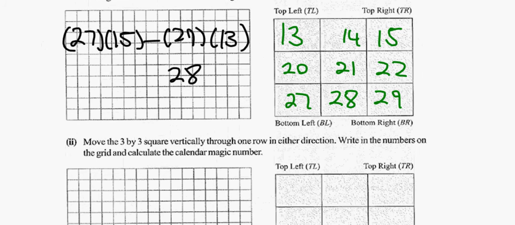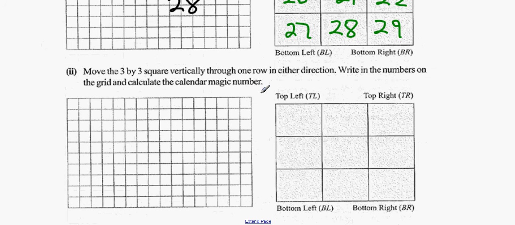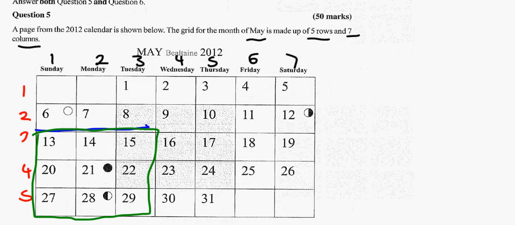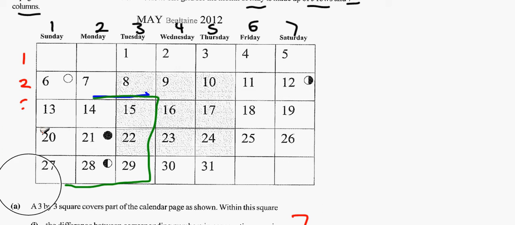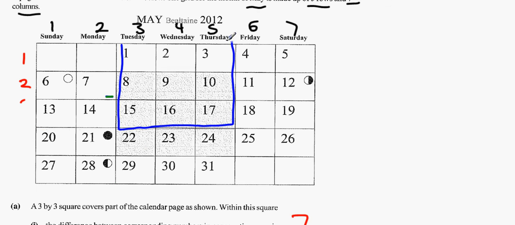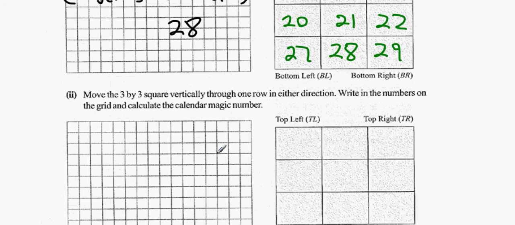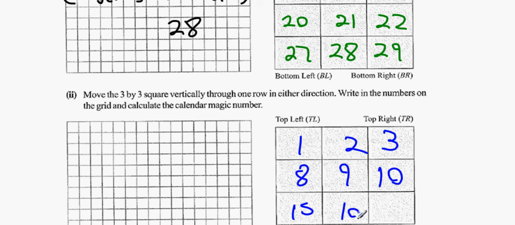Okay. Move the 3 by 3 square vertically through one row or another. Write down these numbers on the grid and calculate the magic number. So what we can see is that we can move it up, and we'll put this in blue. Maybe we'll take this one here. Okay, so we'll go for 1, 2, 3, 8, 9, 10, 15, 16, and 17.